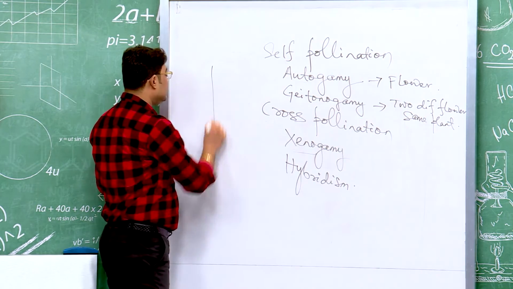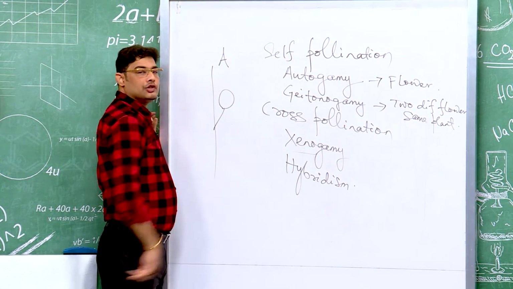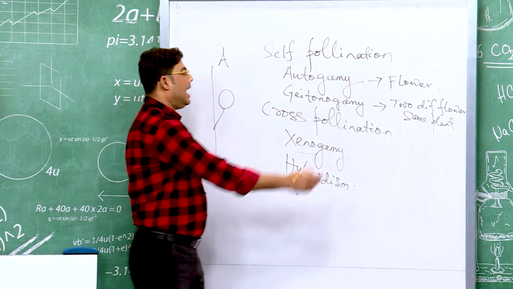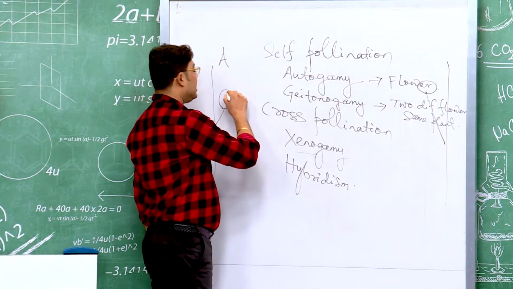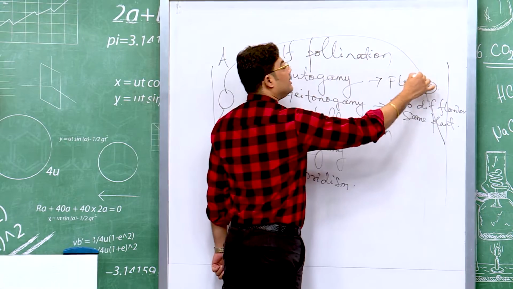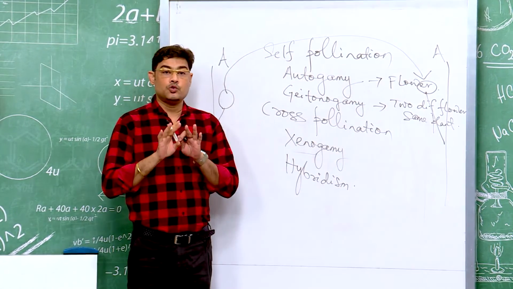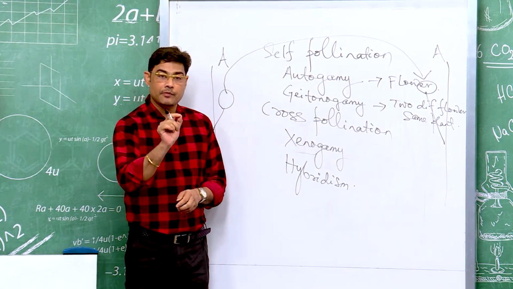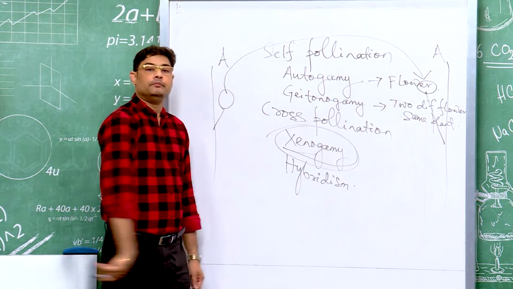Now, suppose here I have one plant that belongs to species A, and here I have the same type of individual, and the pollination takes place between two individuals belonging to the same species, two different individuals but the same species, then that is called xenogamy.